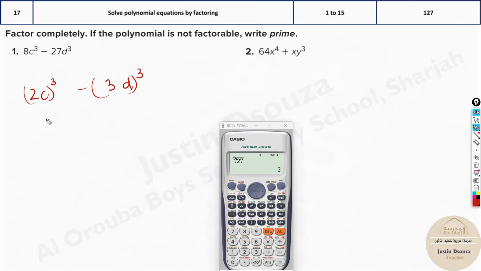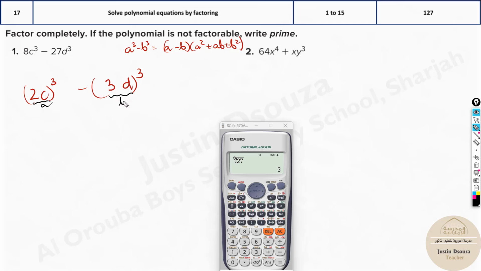Now we can use the formula. The formula is a cube minus b cube. That is equal to, since it's minus, first I write minus, a minus b. Then it's just a squared plus ab plus b squared. And now let me do over here. Okay, let me write the direct substitution. A is whatever this over here. Let me just change the color. See, whatever is over here is a.